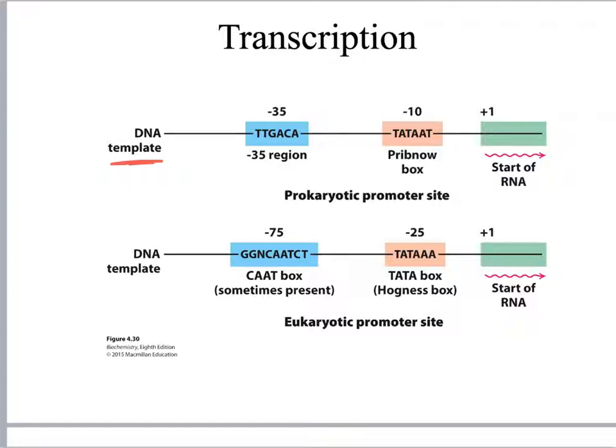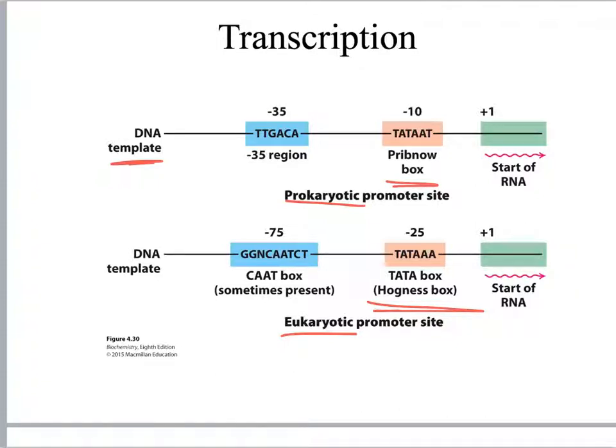The regions that serve as the promoter site differ between prokaryotic and eukaryotic organisms. It's the TATA box in eukaryotes, and the Pribnow box in prokaryotes. That's where you have binding, and it determines where transcription is going to begin.